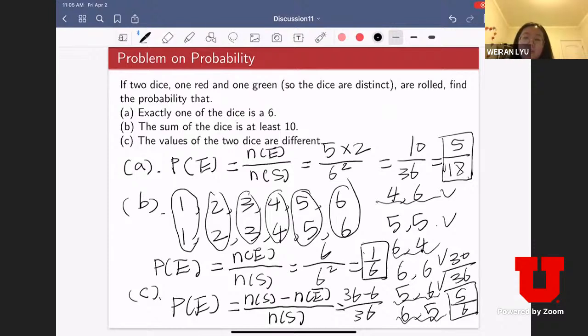But if you're taking 2 identical dice, then the order doesn't matter because you're still going to have the same outcome. But for 2 distinct dice, they don't count as the same outcome.